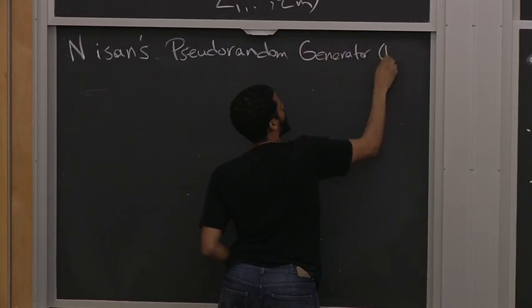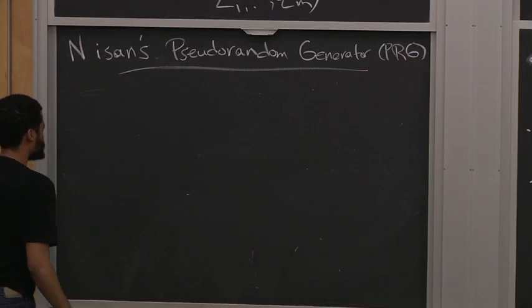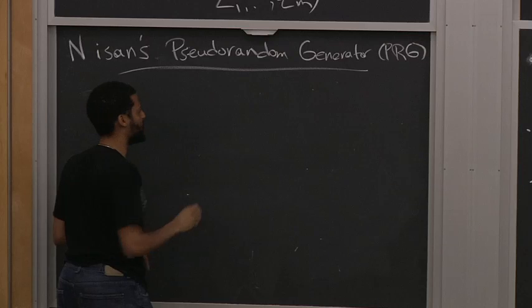People usually call a pseudorandom generator a PRG. So what does it look like? We're going to build a perfect binary tree.